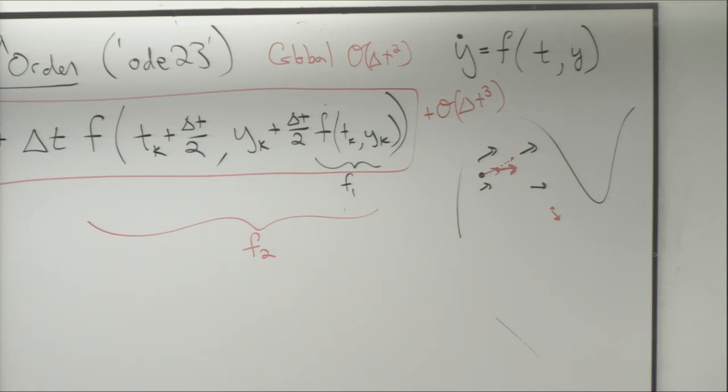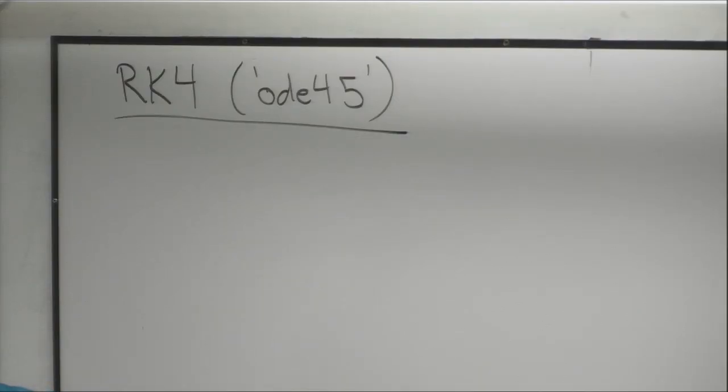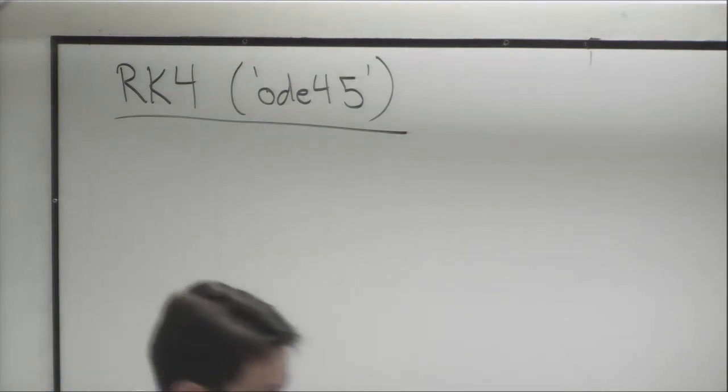Okay? So the next better Runge-Kutta is RK4, and this is the ODE45 algorithm in MATLAB. Okay, so now we're going to do a fourth order global Runge-Kutta, and I'm just going to write down what the answer is, and then we're going to code it up. Okay?